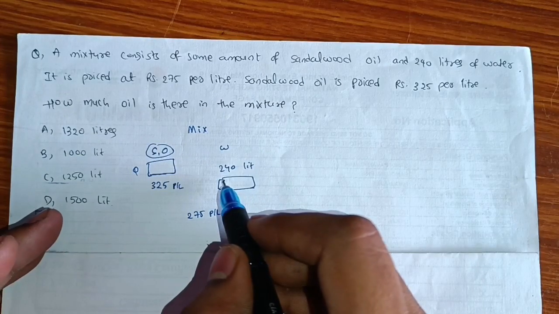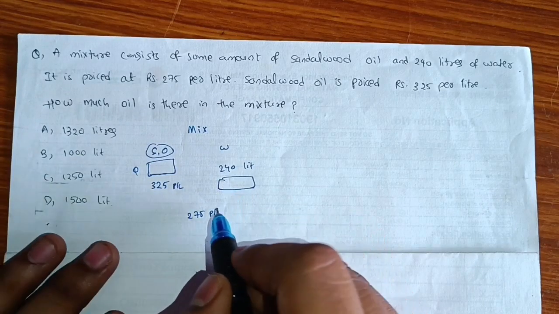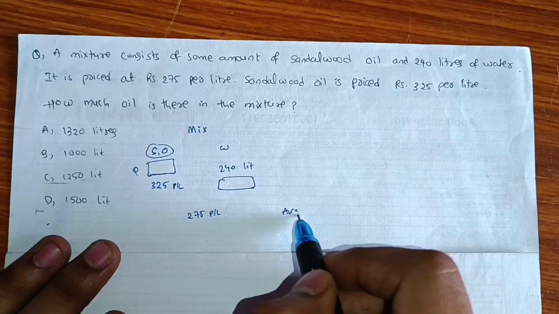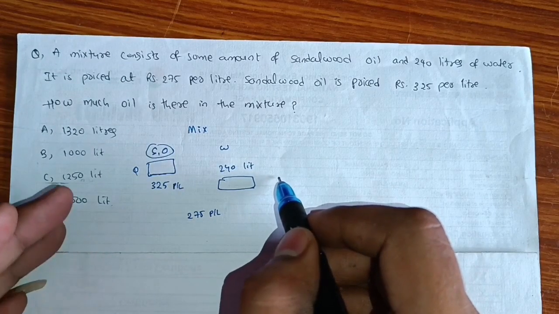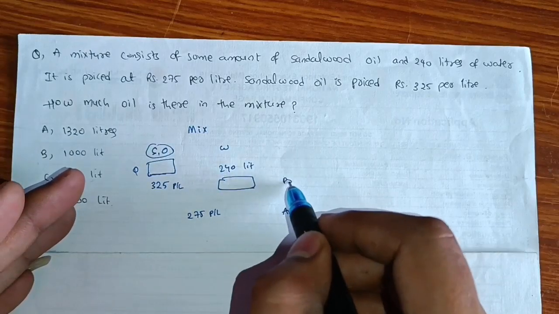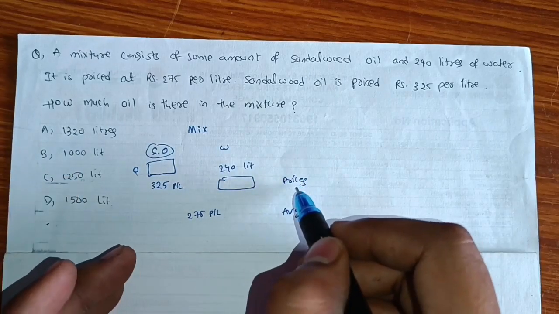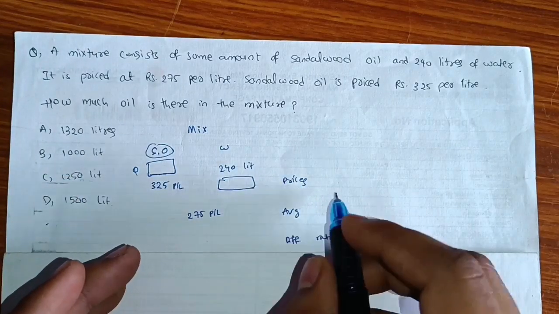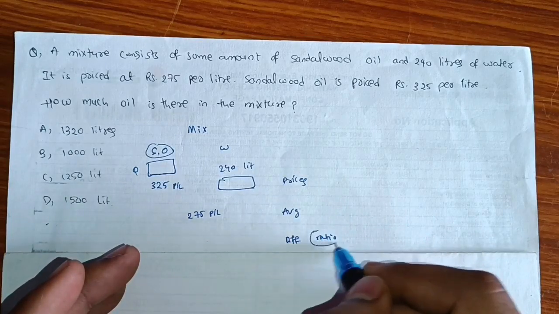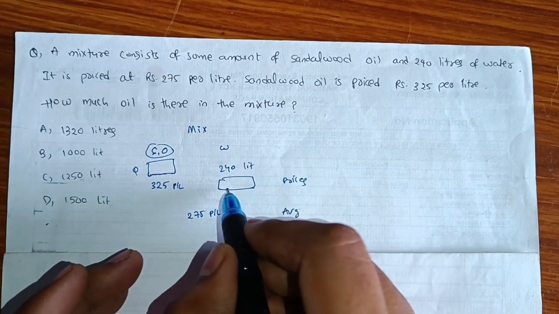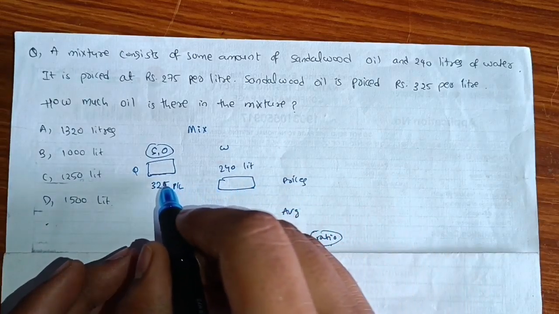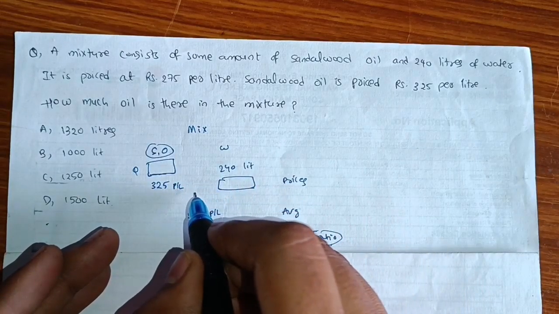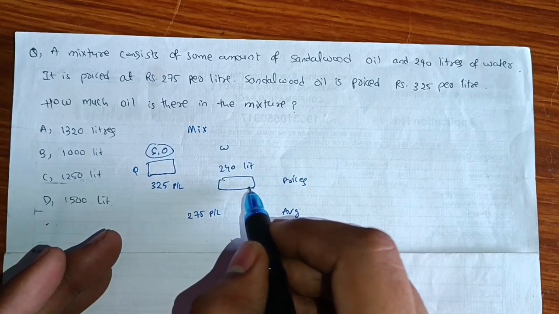We have seen the same kind of question previously. He has given the average price and the prices of two varieties. So in the first row we write the prices and the average. The difference of these is the ratio of the mixture. But here the average is given, and the price per liter of one variety is given, but the other is not given.